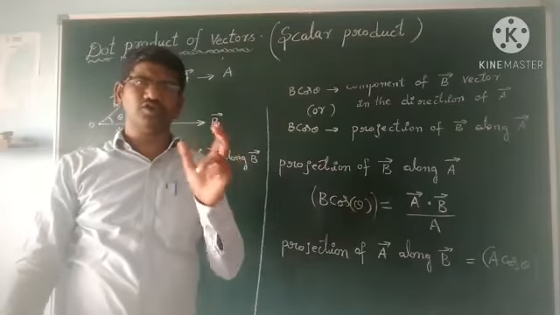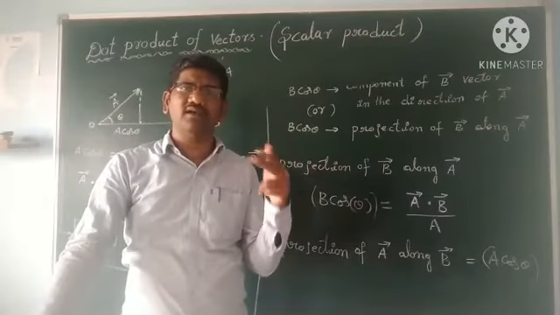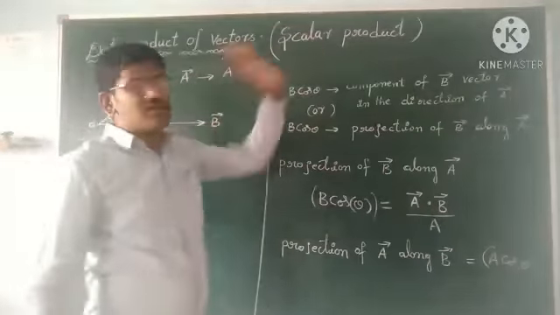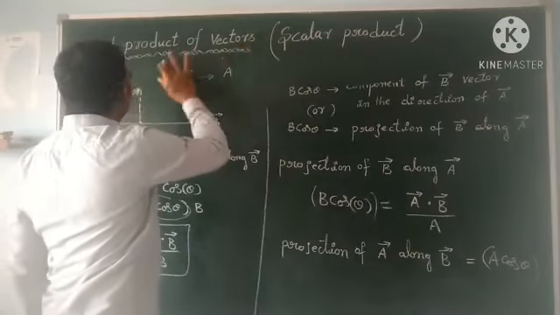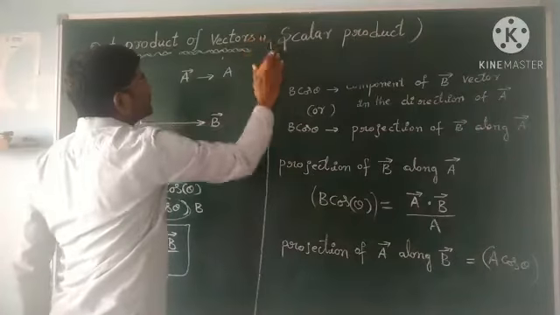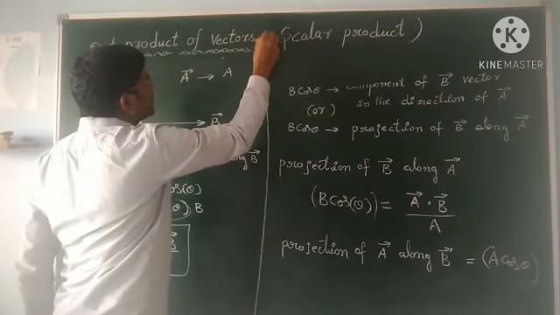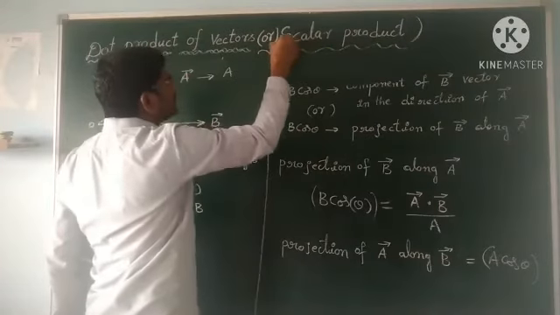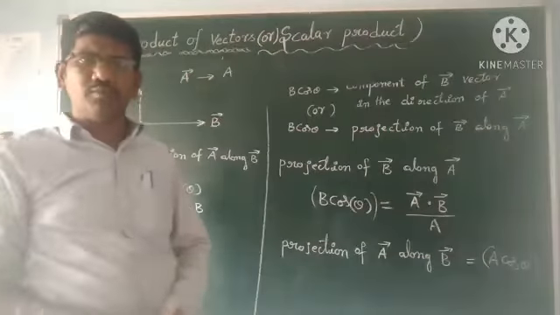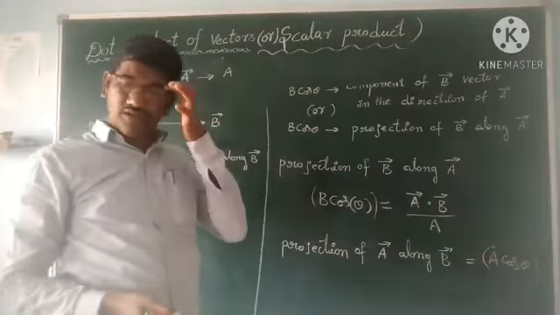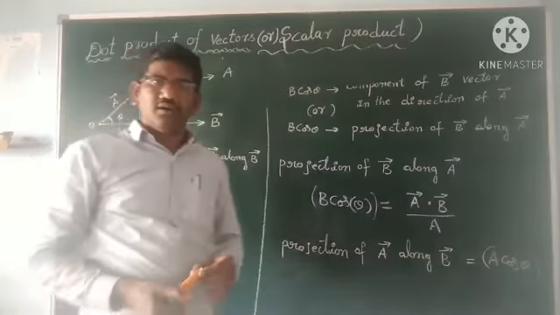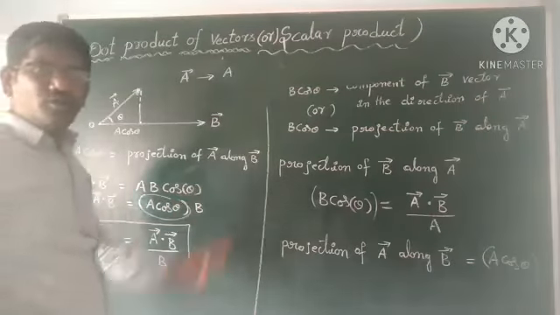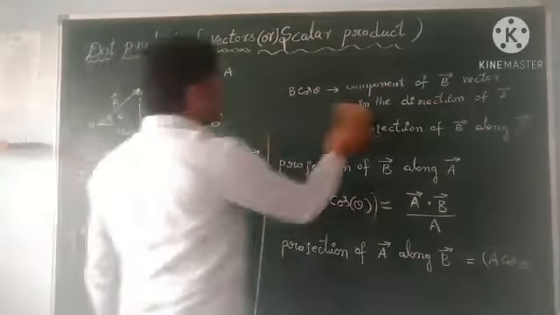So when two vectors are multiplied and you get a scalar, it is called dot product. So dot product is also called scalar product. Now we can see examples of the dot product of vectors, which is called physical interpretation. So far we have seen the geometrical interpretation, and how the dot product is defined.